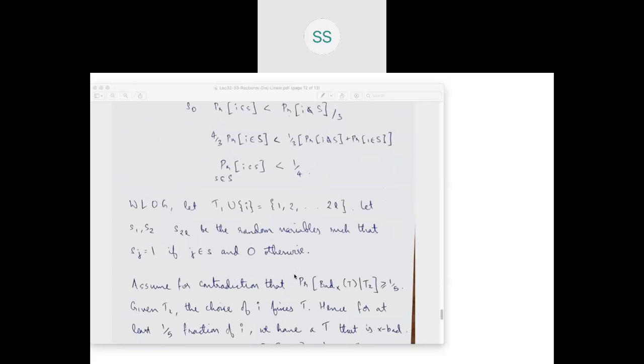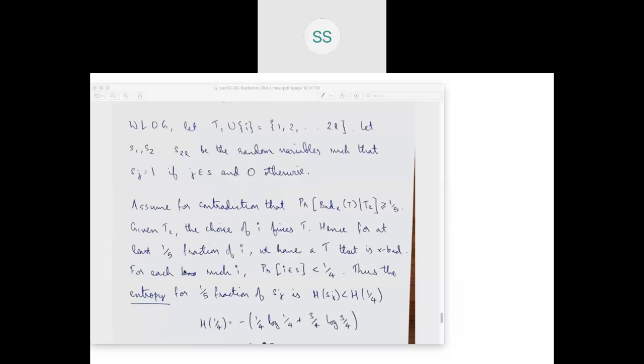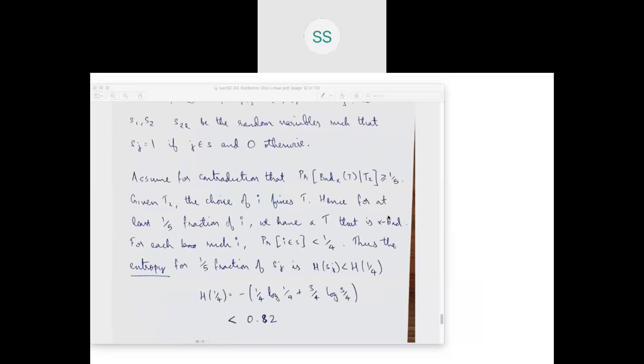Now we have random variables for each of these elements. So assume that T1 union I is 1, 2, 3 up to 2L. For each of these elements, we set random variables S1, S2, etc., S2L, 0-1 random variables. So let's assume for contradiction that t is x bad with probability at least 1/5.